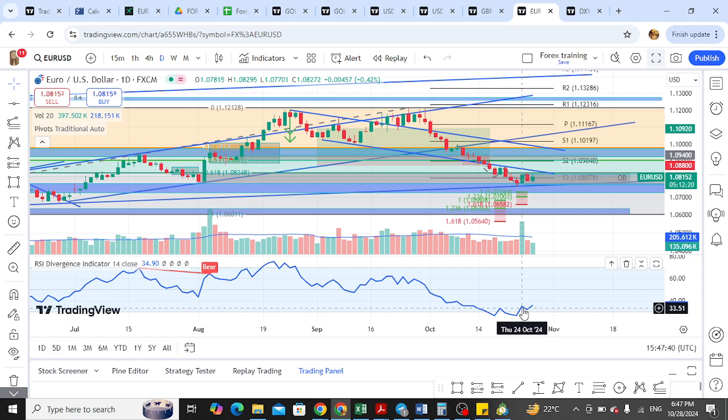We have this peak here, which is talking about a bearish hidden divergence. So we have contradicting divergences on the RSI. It's below 50, which means it's bearish.